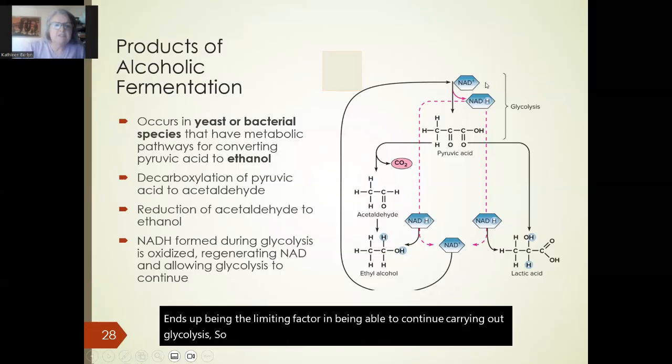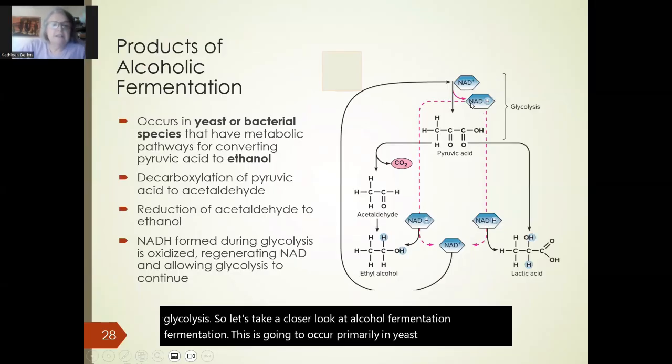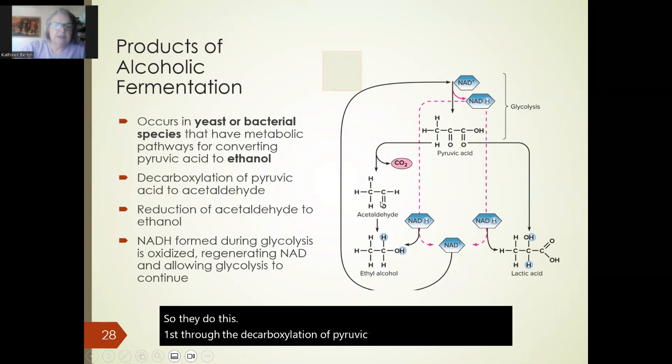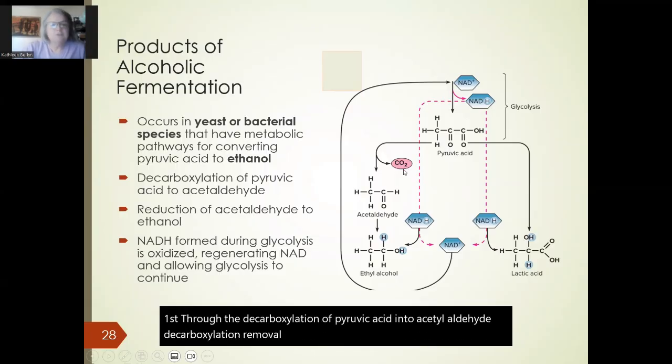So let's take a closer look at alcohol fermentation. This is going to occur primarily in yeast as well as in certain bacterial species. And they have the metabolic processes, the enzymes that are necessary to convert pyruvate or pyruvic acid into alcohol. So they do this first through the decarboxylation of pyruvic acid into acetylaldehyde, decarboxylation, removal of a carboxyl group.